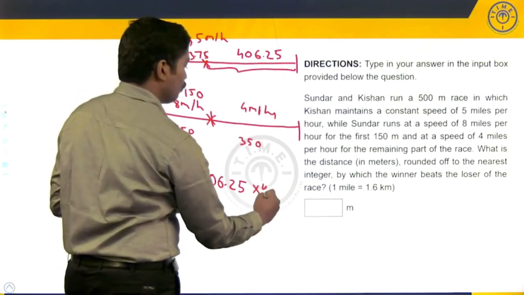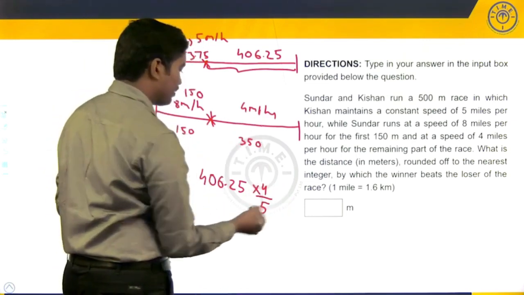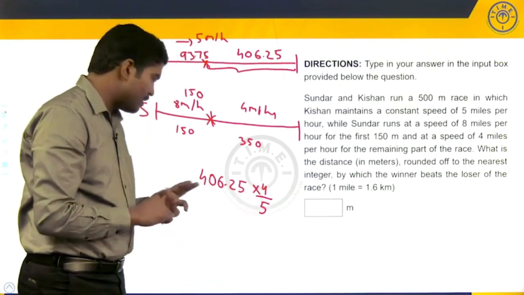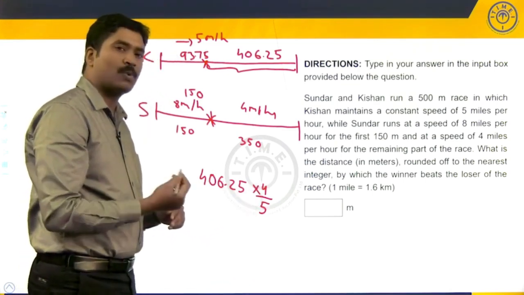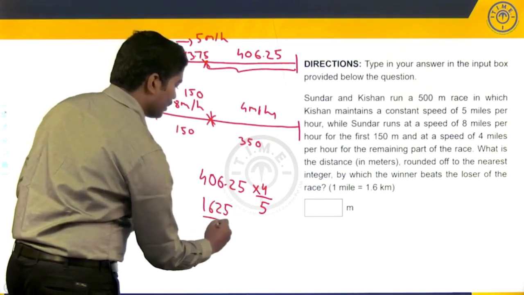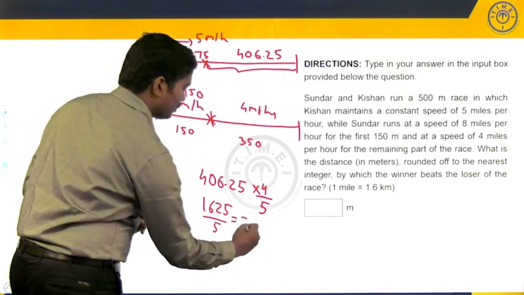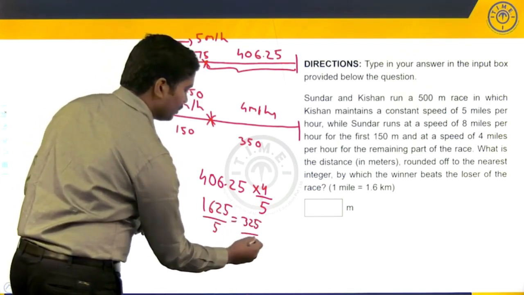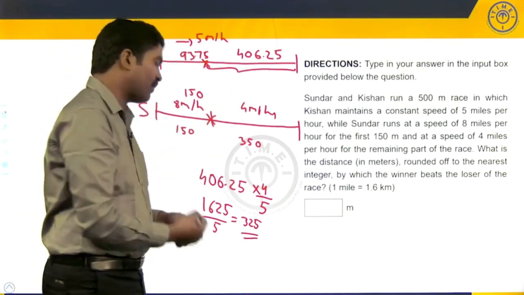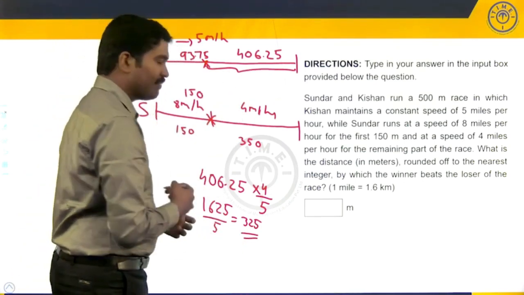He will travel 4/5 times the distance. So 4 into 400 is 1600, 4 into 6.25 is 25, so that's 1625 divided by 5. How much is that? 325.